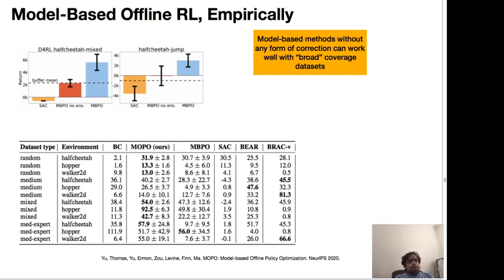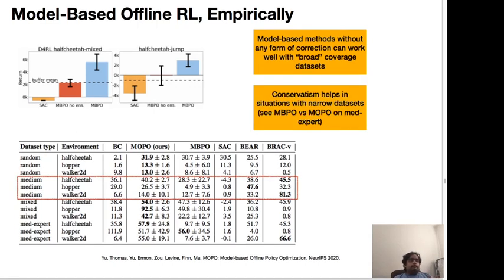Next, we compare the performance of MOPO here, and MOReL also has strong results, and you are encouraged to go and check it out. But these results were taken from the MOPO paper, and what we find here is that conservatism helps in situations with narrow datasets. Compare MBPO, which is the model-based RL part of MOPO, to the MOPO algorithm, which is shown in the table.